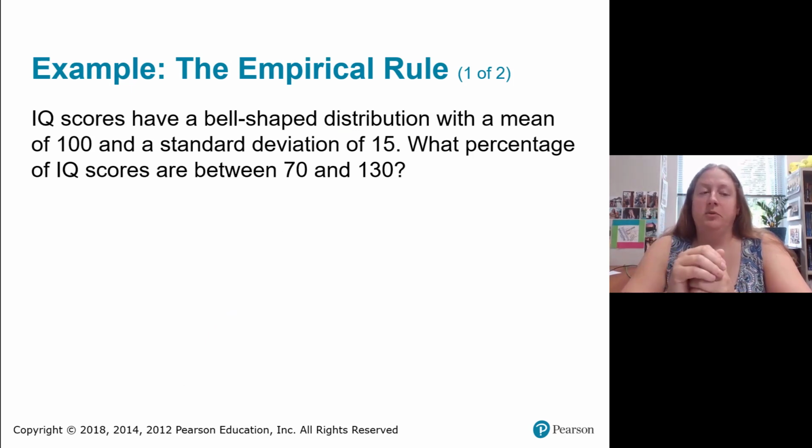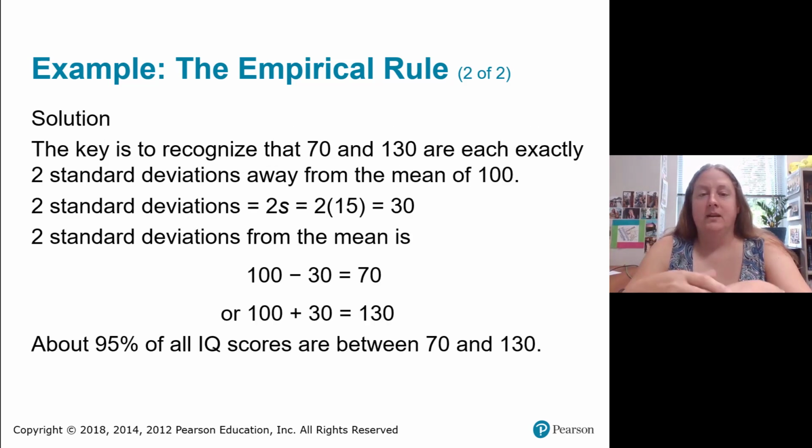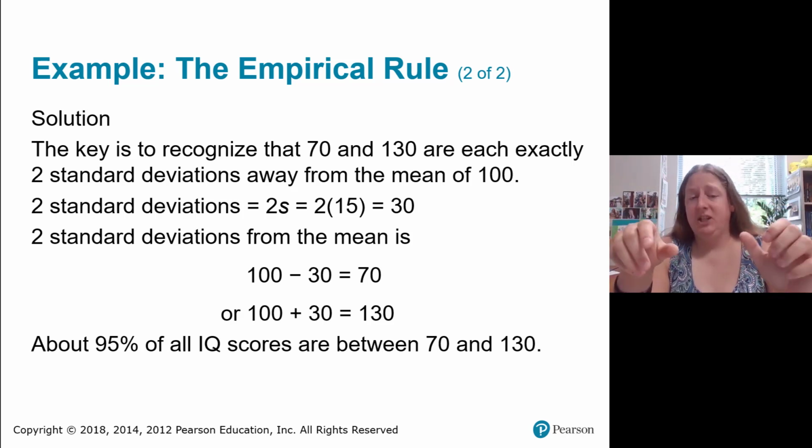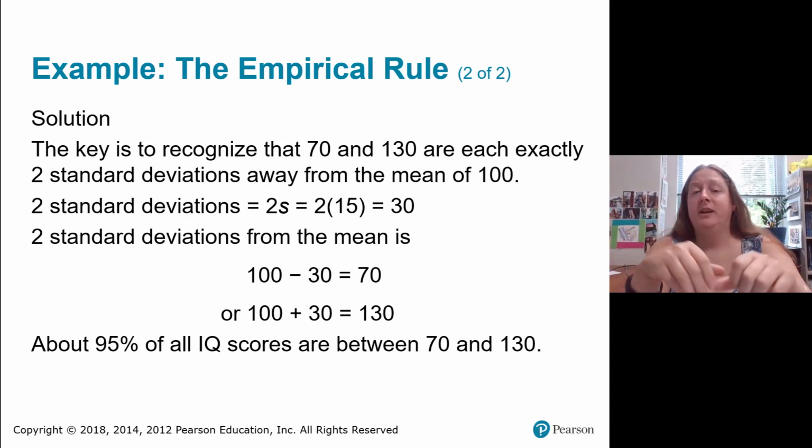So here's an example of how we might use that. IQ scores have a bell-shaped distribution. They have a mean of 100, standard deviation of 15, and we might want to know what percentage of IQ scores are between 70 and 130. Well, the empirical rule, we look at it and we say 70 and 130, they're each 30 away from 100.